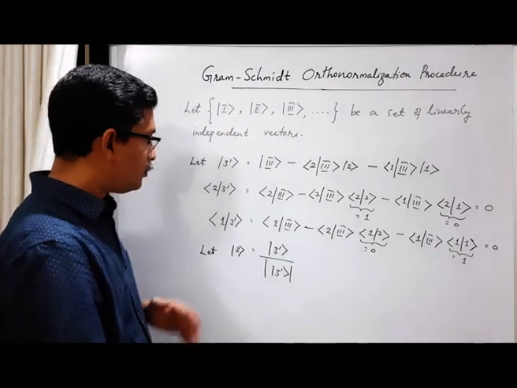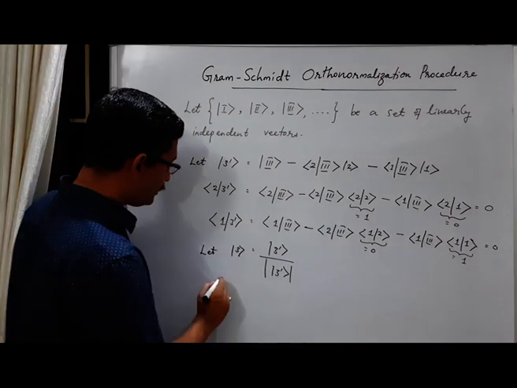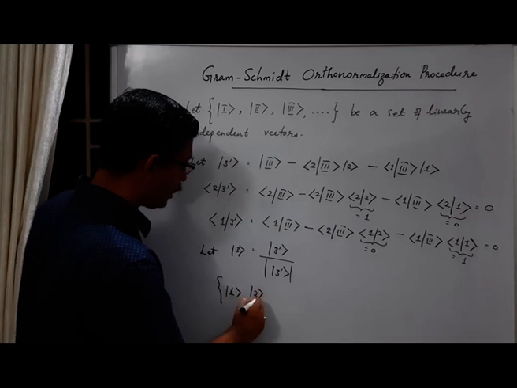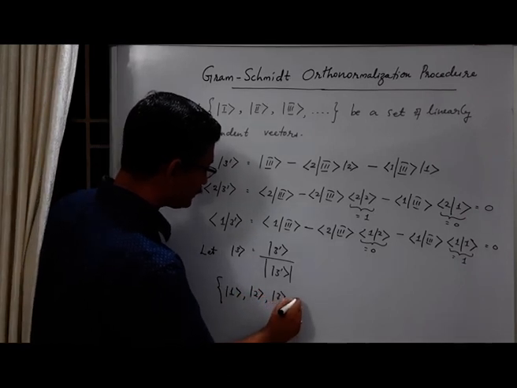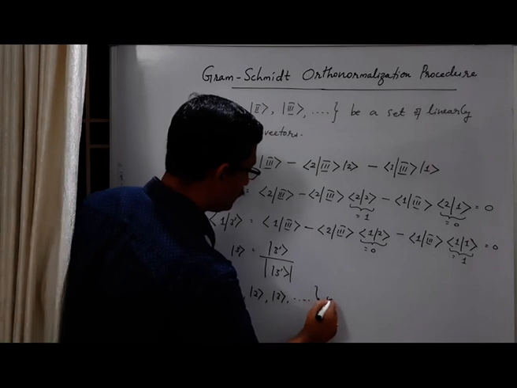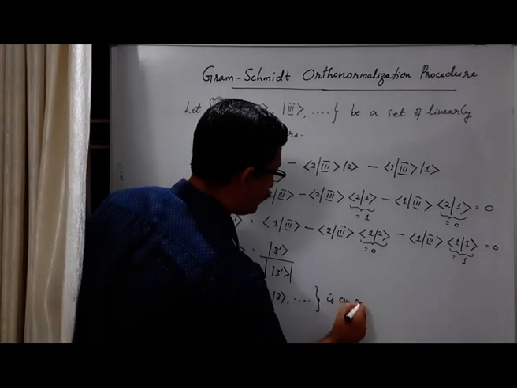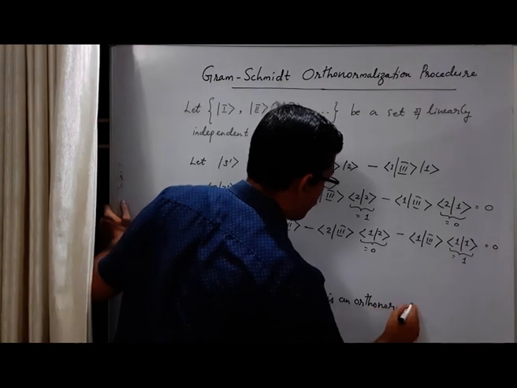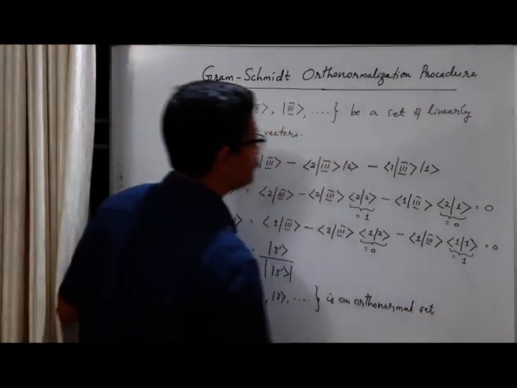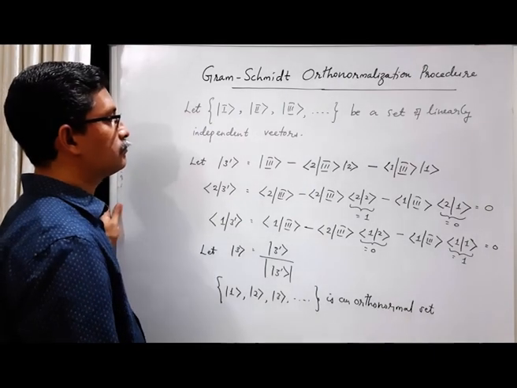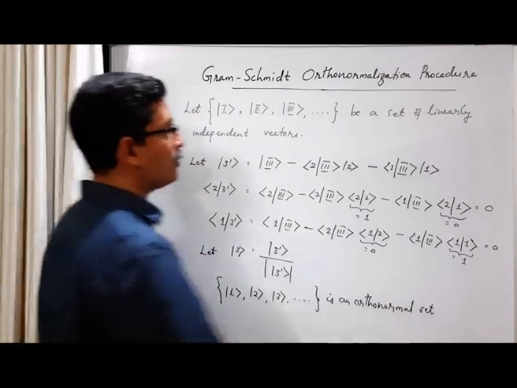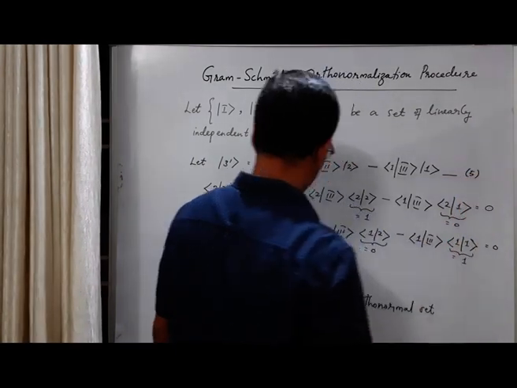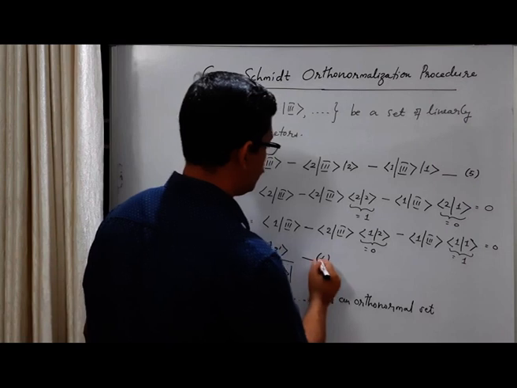Okay, so now we can say that this set |1⟩, |2⟩, |3⟩, etc. is an orthonormal set. Okay, continuing the equation numbers, I think this is equation 5, this is equation 6.